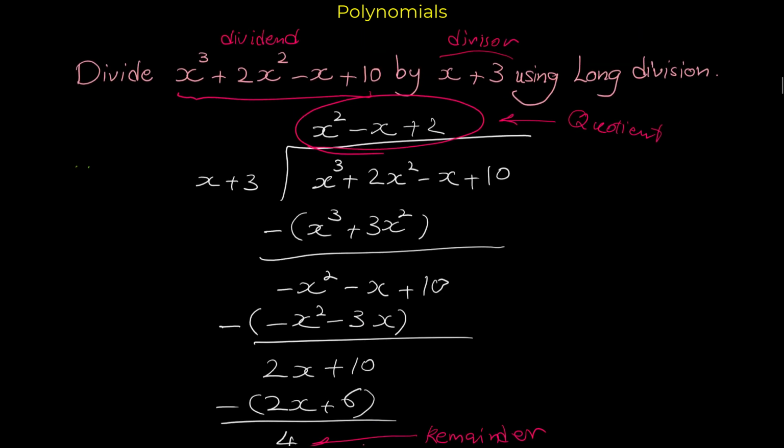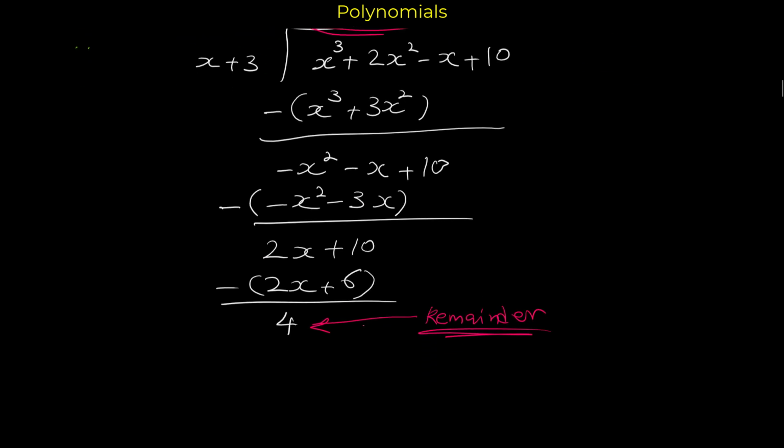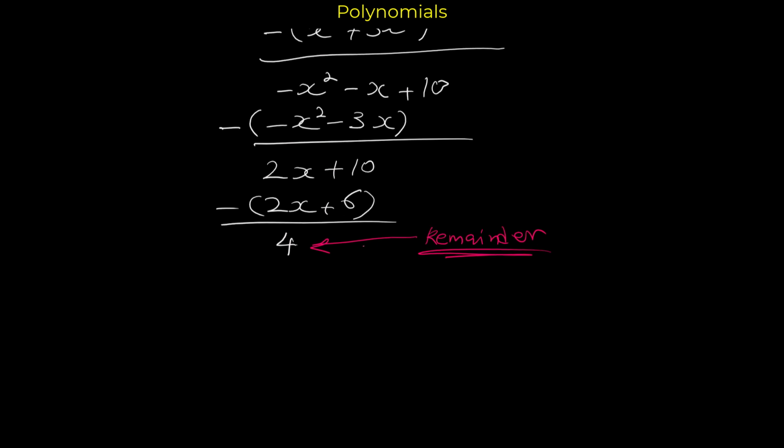Let me write down a number example for understanding this process. Suppose we have 10 apples, and we want to divide these 10 apples between, for example, 3 people. If we divide 10 apples between 3 people, each person would receive 3 apples, because 9 apples between 3 people gives 3 each.